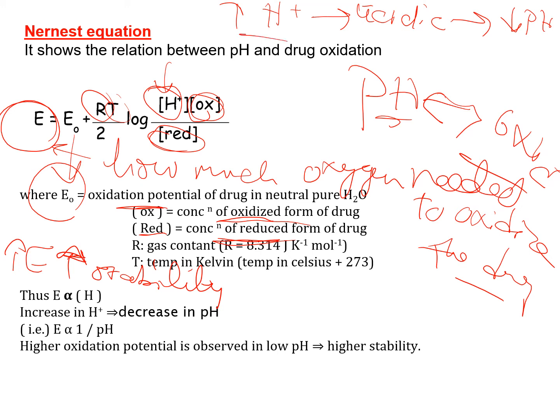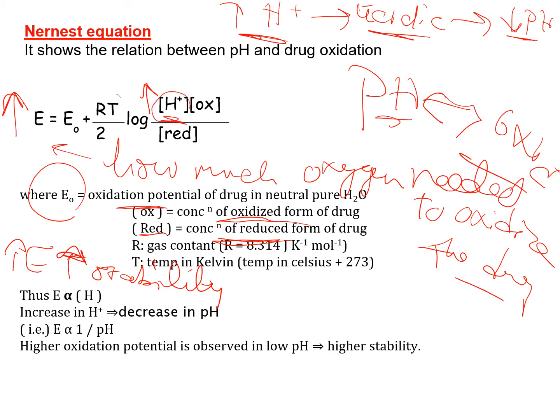So if H is high, it means that the medium is acidic. There is HCl, there is H2SO4 in the medium, for example, and if the medium is acidic, pH is low. On the other hand, if H is high, from the equation itself, it means that E is high. If H is high, if the medium is acidic, it means that the oxidation potential is high.